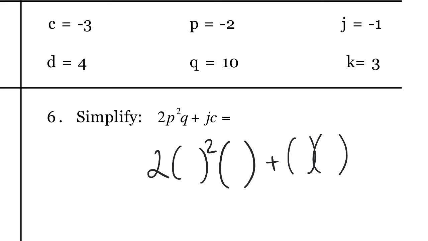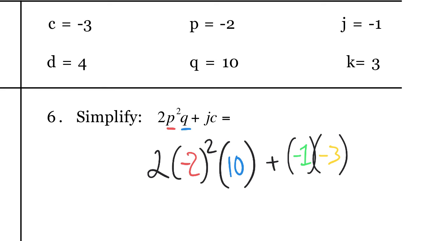And I see that the value of p is -2. I see that we've got q, which is 10. We've got a j, which is -1. And then we've got a c, which is -3.